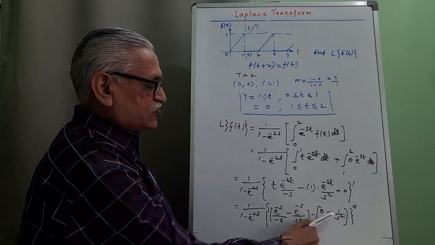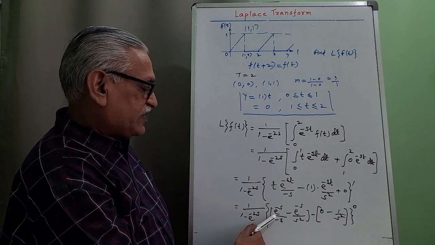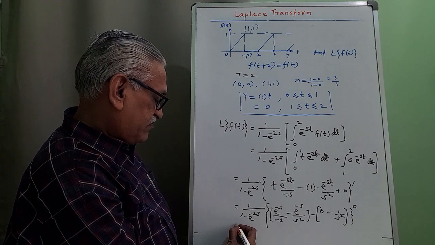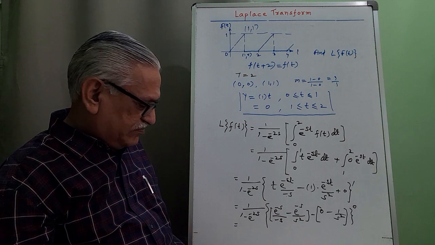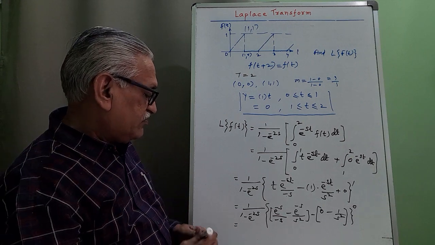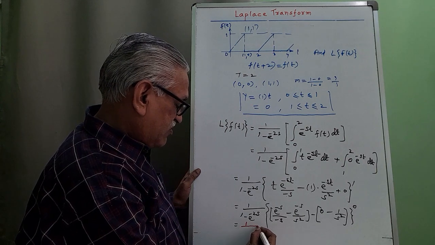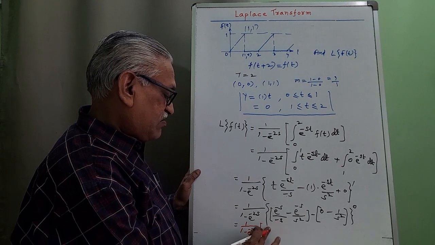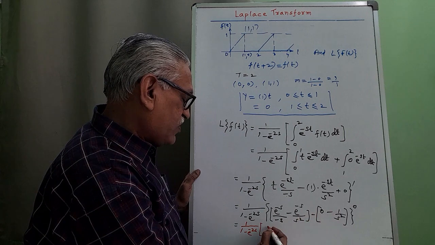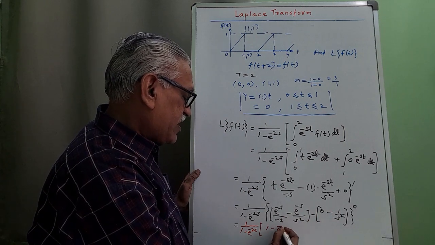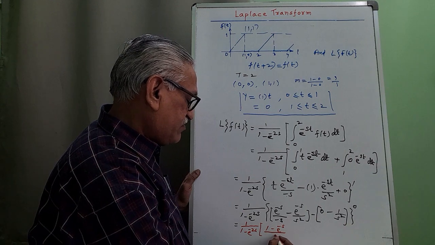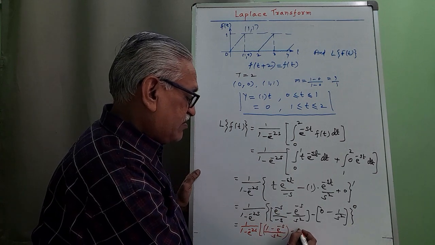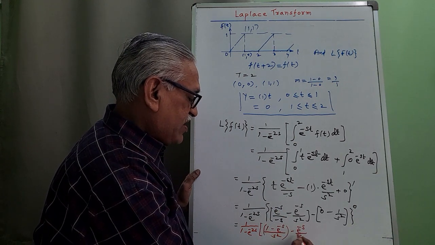Then collecting these two terms of s square in one bracket, keeping this as it is, we get the result as 1 upon 1 minus e raised to minus 2s, this is minus minus plus, 1 minus e raised to minus s whole divided by s square, and minus e raised to minus s by s.